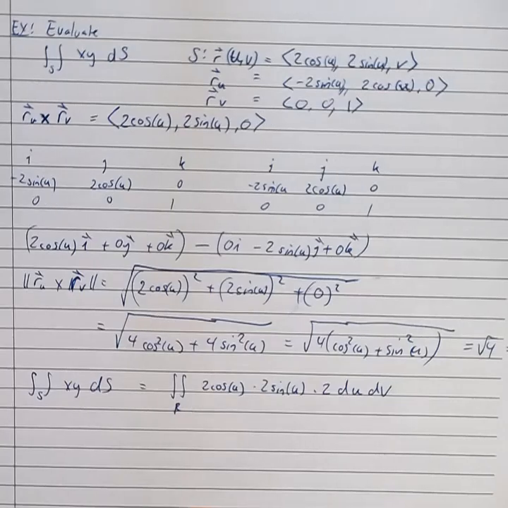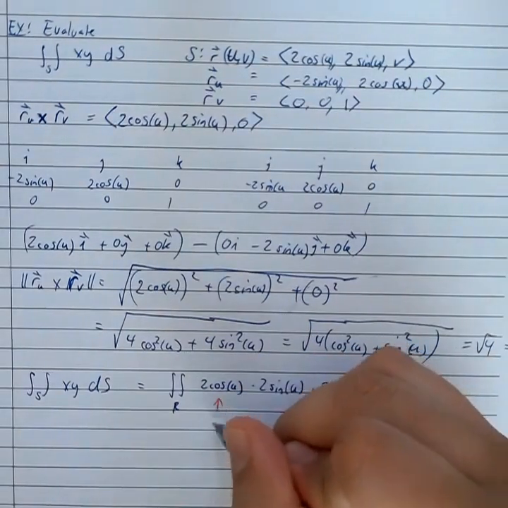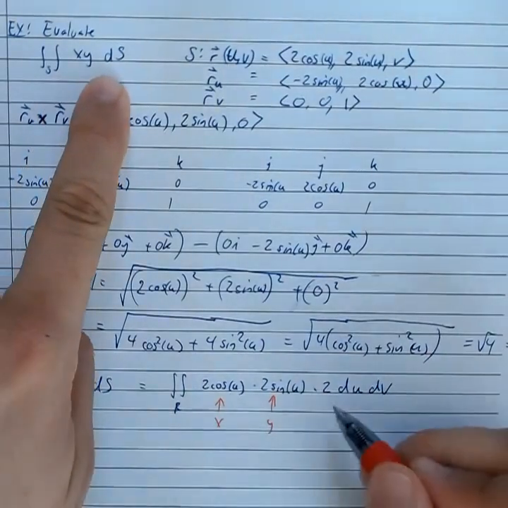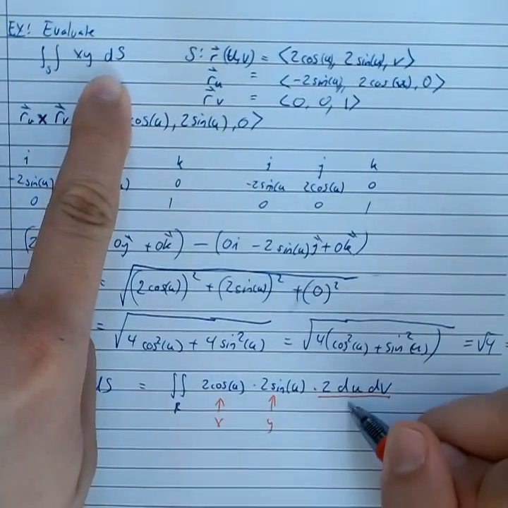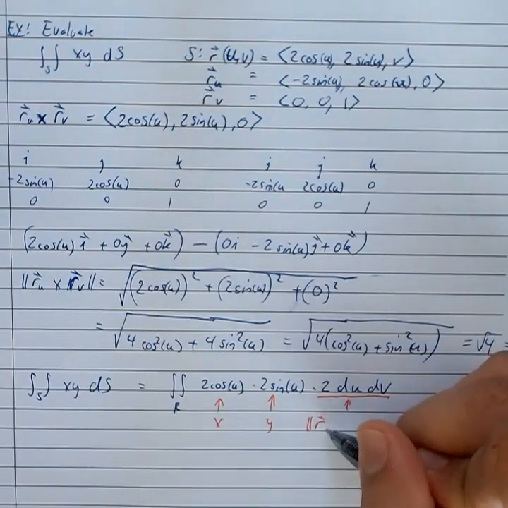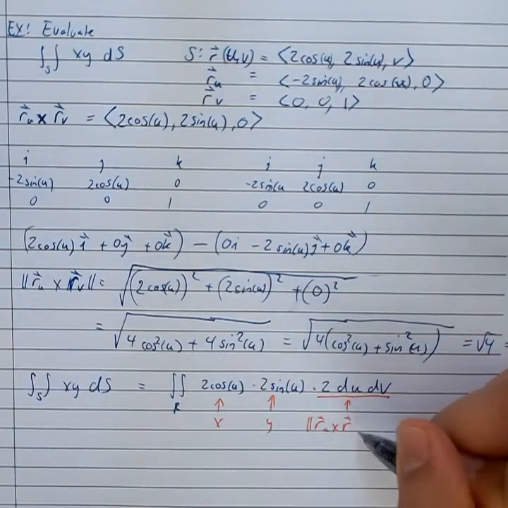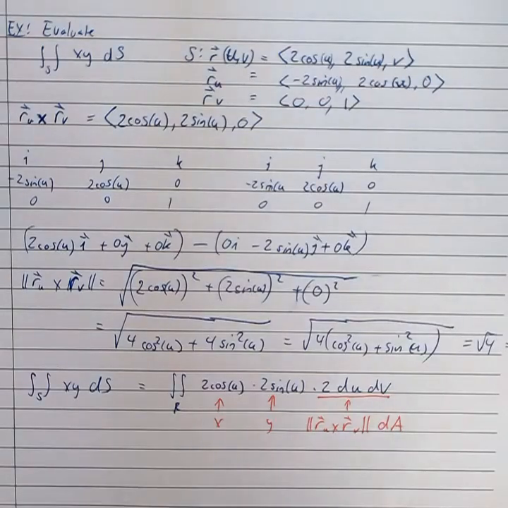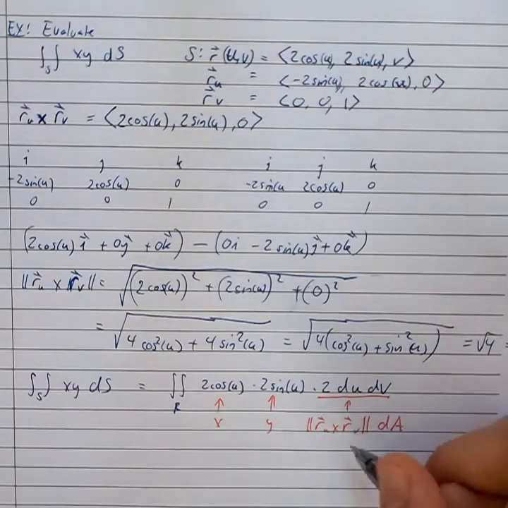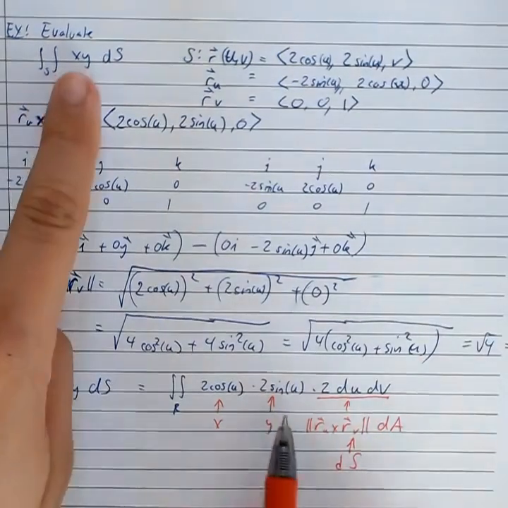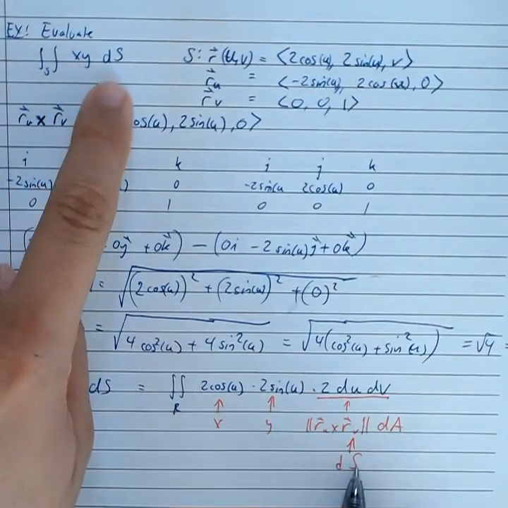Here, this is your x, this is your y. X times y. And then this part right here is going to be the magnitude of the cross product of the partials with respect to our area, which is the same as saying dS. So that's your x, that's your y, and your dS.